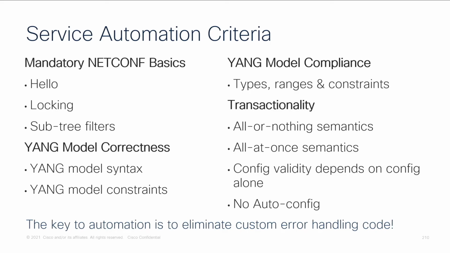In order to get from a configuration state A to B, one should only have to figure out the deltas between the two configurations and nothing more, without exception. So the key to automation is to eliminate any custom error handling coding. If you can achieve that, then there's close to zero effort in being able to automate your NetConf device.